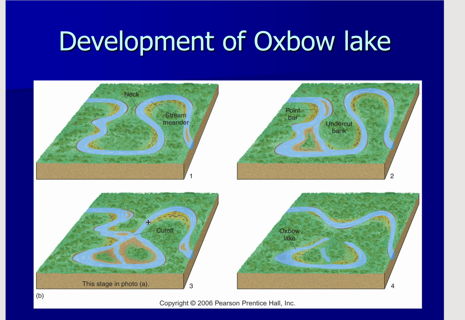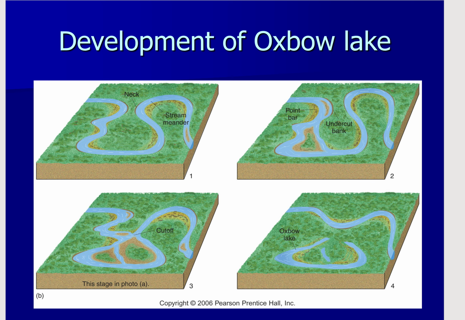It takes a little shortcut. It sort of skips through here, and as it's skipping through here, it starts to deposit material on this point bar right here. And when it does so, it starts to silt in material, and because it silts in material, the new channel appears right here, and it leaves this C-shaped oxbow lake behind.